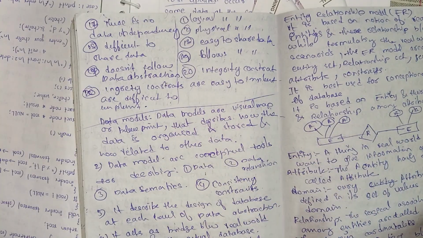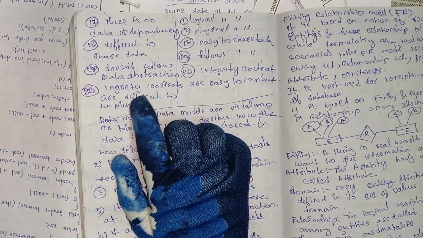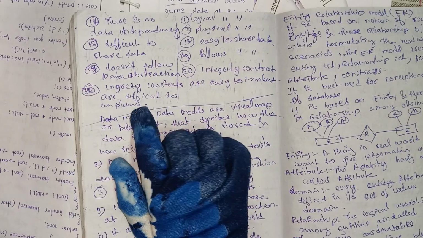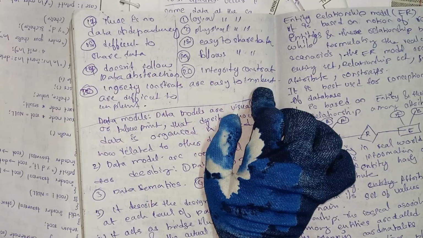The whole database is hidden. And integrity constraints are difficult to implement in the file system, whereas in a DBMS, integrity constraints are easy to implement.